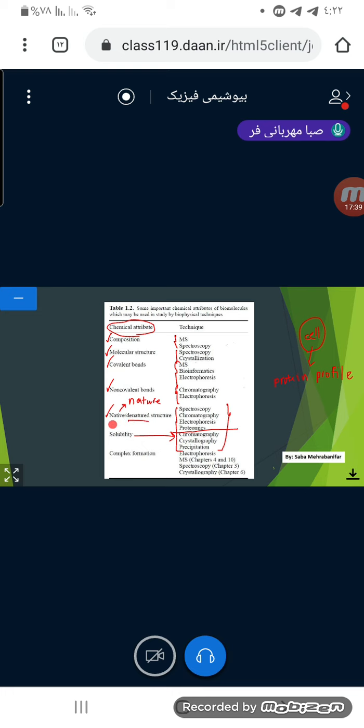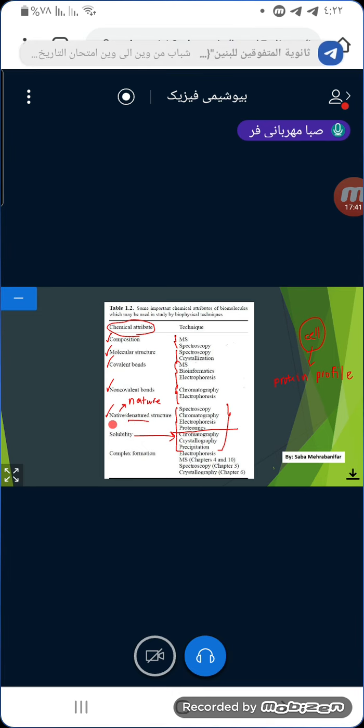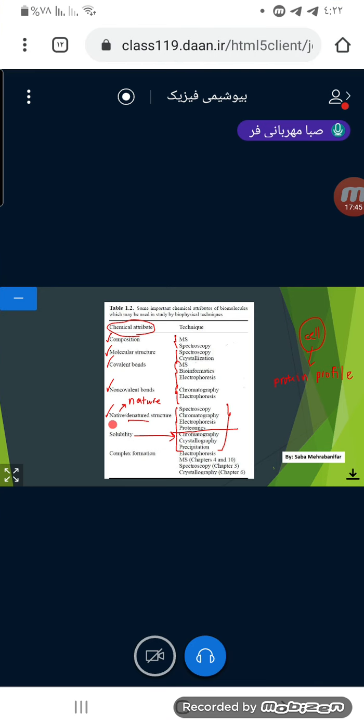When we want to know whether a protein or any other macromolecule is native or denatured, we can use spectroscopy, chromatography, electrophoresis, and proteomics. Use it for what? What do you mean, Mr. Ali? About proteomics? Why do we use proteomics?